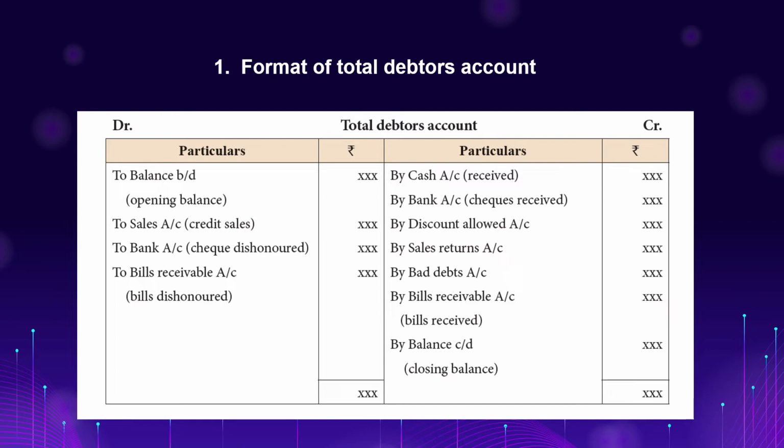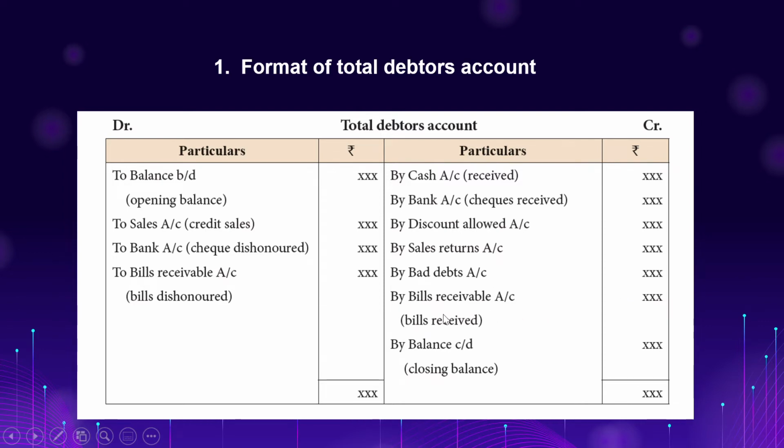And next, some debtors have accepted the bill, and from them we are receiving the bill. Okay, they accept the bill and they give it to us. So those debtors who have accepted the bills will be converted to bills receivable, and they will be maintained in the bills receivable account.